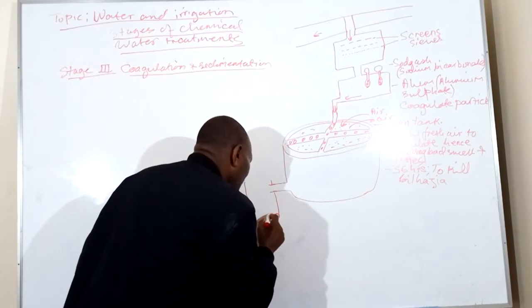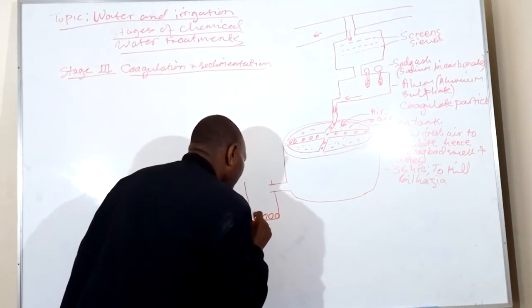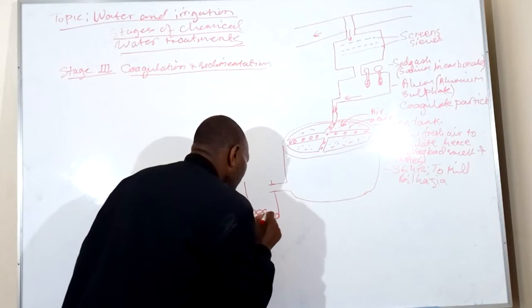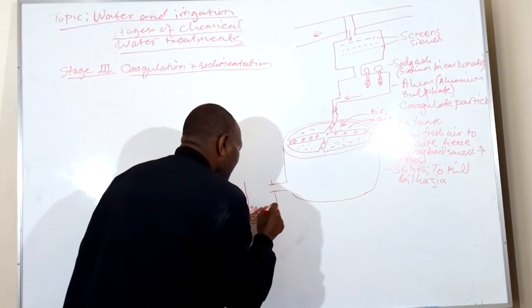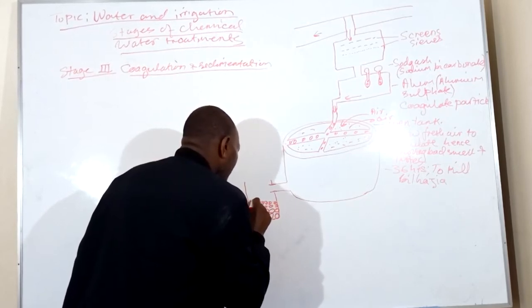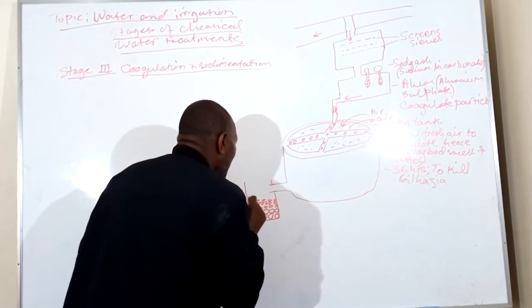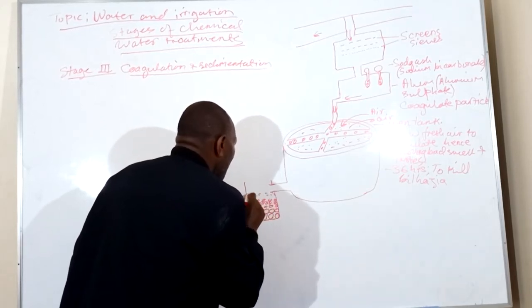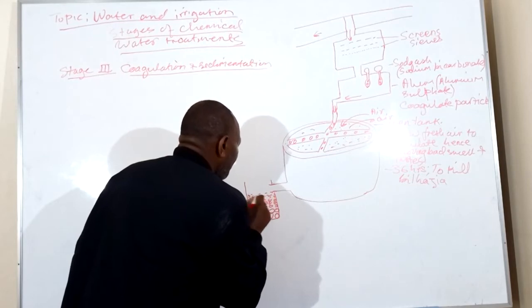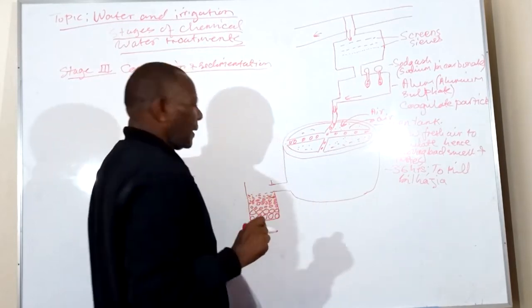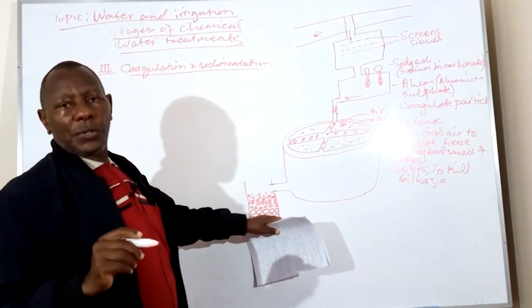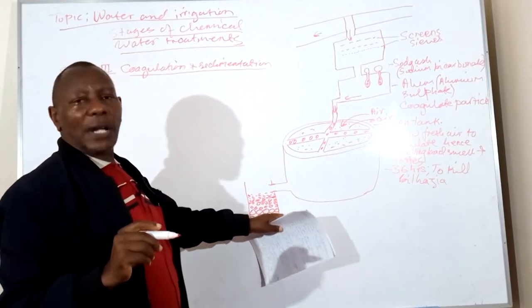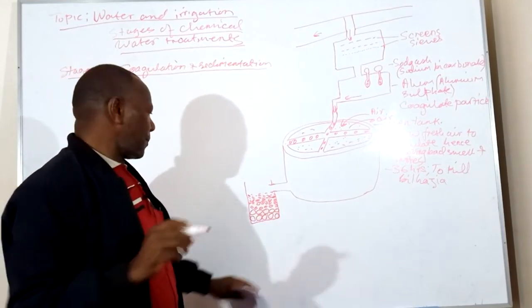Large size at the bottom, medium size at the center, then sand at the top. Again, this is a different stage. This stage is known as the filtration stage.